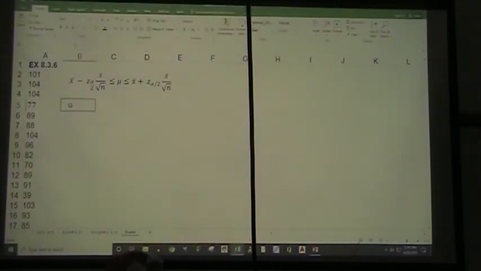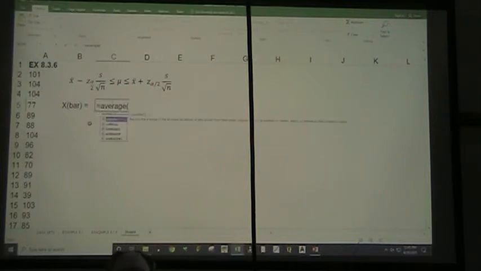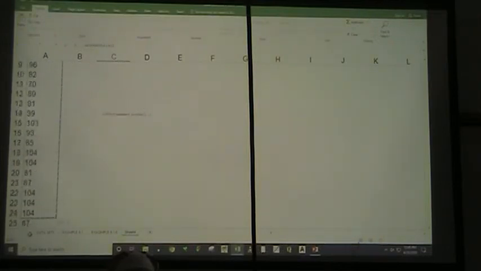So, our x bar equals the average, and I highlight all my numbers.